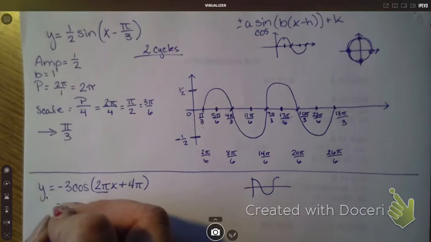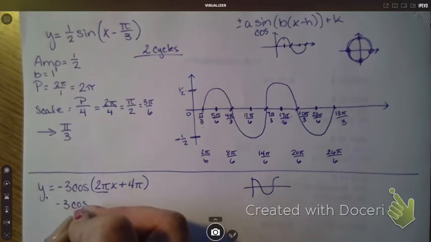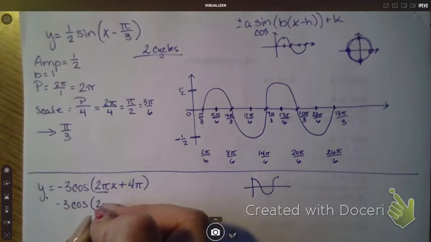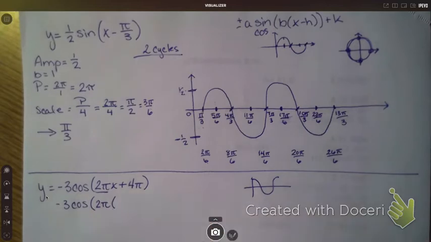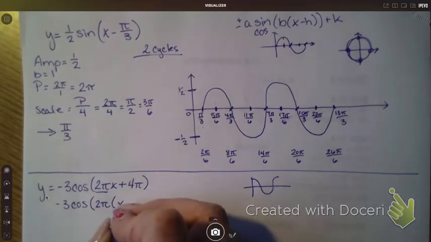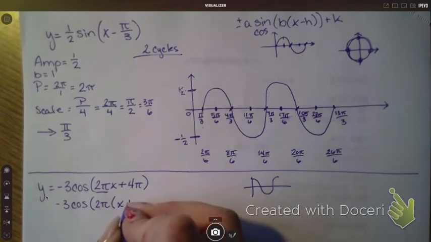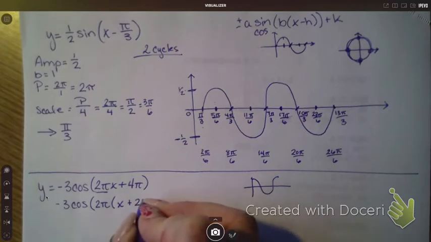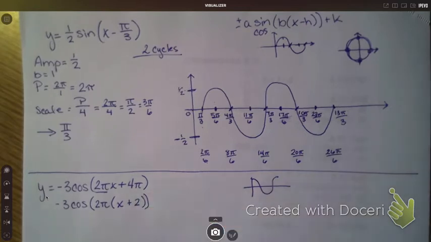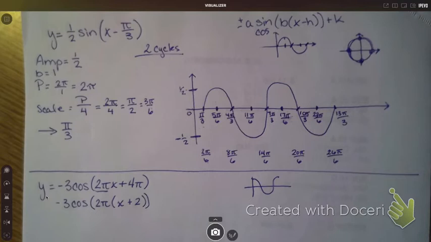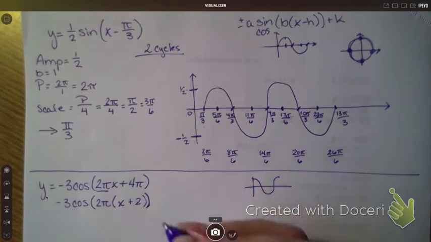So you have negative 3 cosine of 2 pi, and then it'd be x plus what? Plus 2. And again, still no k, huh? Okay. I think the next one has a k. So we're going to go through the same thing we did.